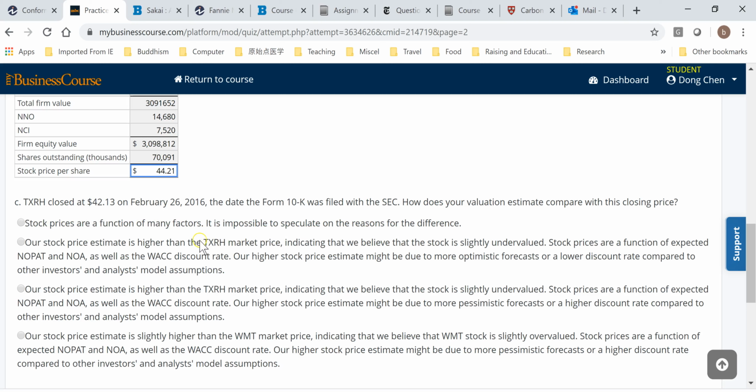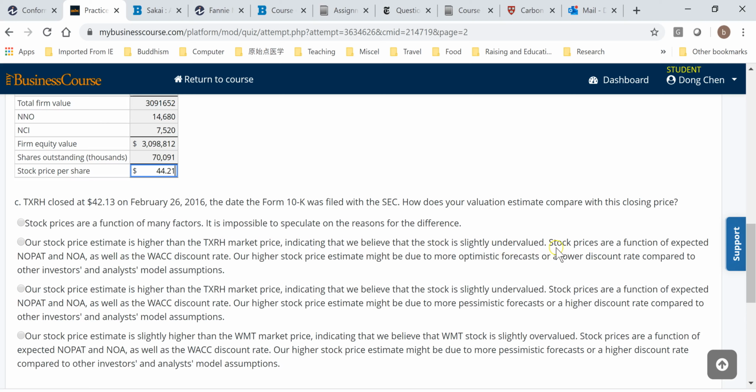That cannot be the right answer. Even though many factors determine the stock price, based on the estimate we can still say something about the underlying factors. Our stock price estimate is higher than the market price, indicating that we believe the stock is slightly undervalued.